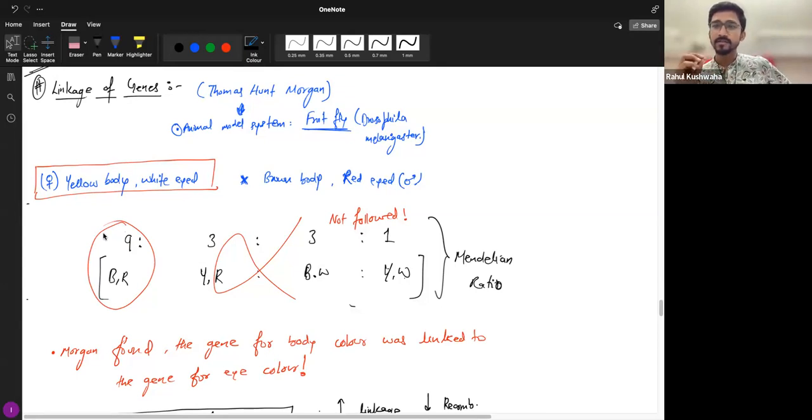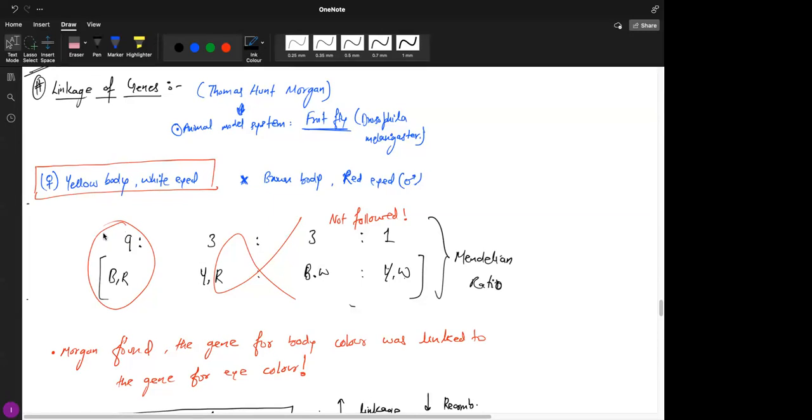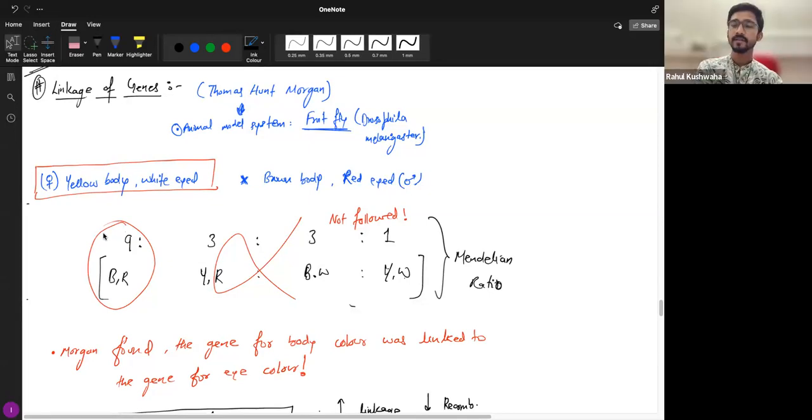What are genes? These are just segments of DNA itself, right? So when can you say that two genes are linked together physically? They are closely positioned along the chromosome. Yes, that's a very good point. Perfect, and that is the answer.